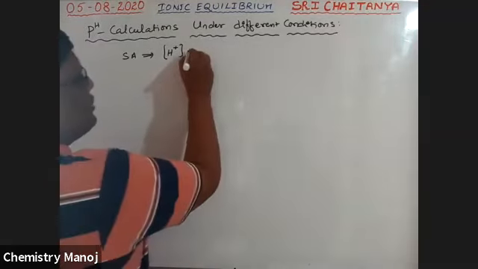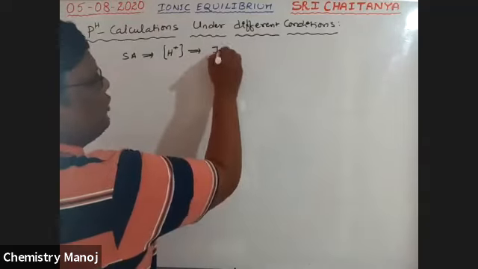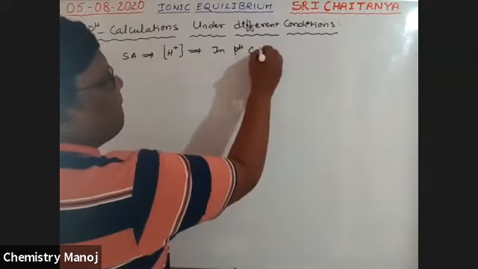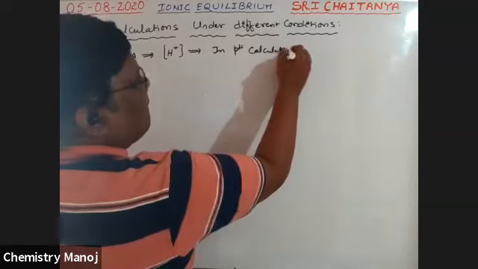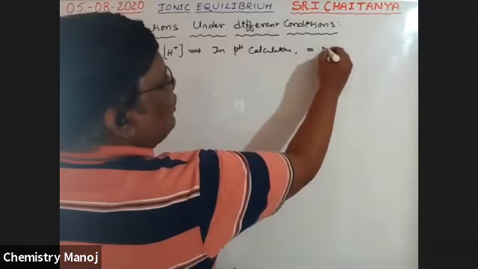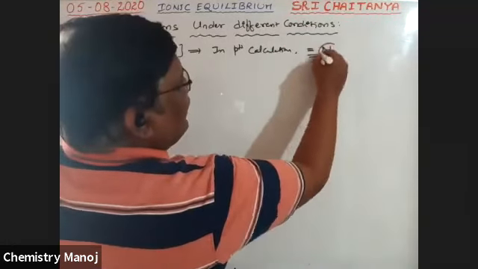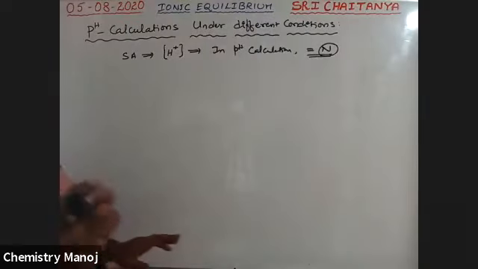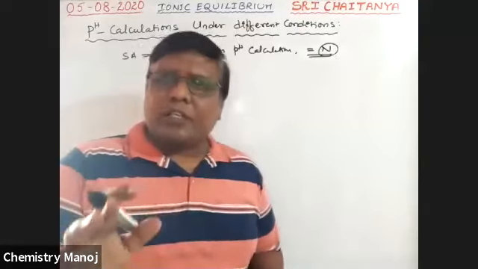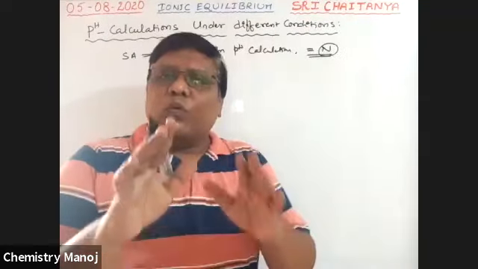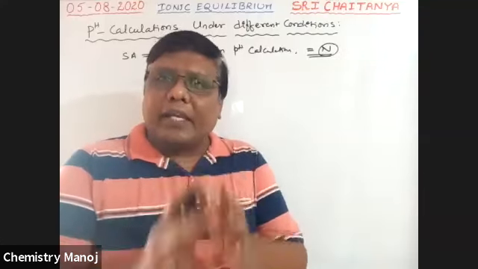This H+ ion concentration in pH calculations is equal to normality of the acid. Here in pH calculations, for H+ concentration or OH- concentration, we only use normality.